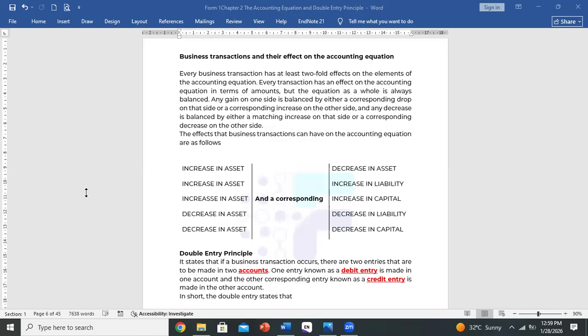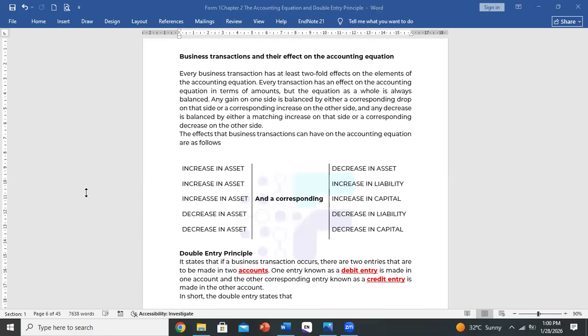If they ask you how much you sold the goods for, you can tell them you sold for 5,000. So there is a monetary factor in there, making it a business transaction. When these things happen, they affect the assets, the liabilities, and the capital of the business. It can increase or decrease it, depending on the transaction.